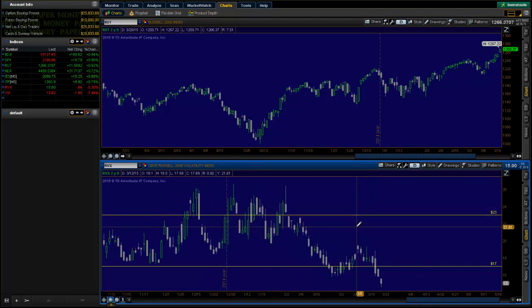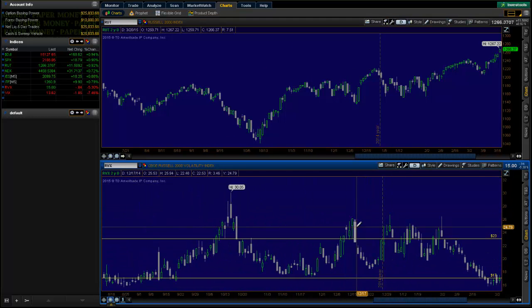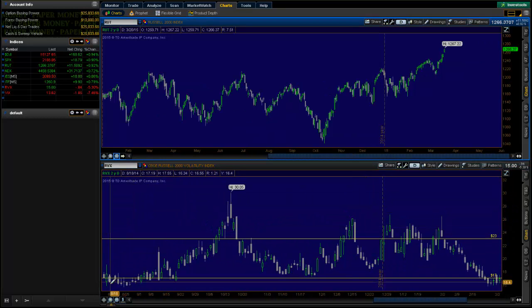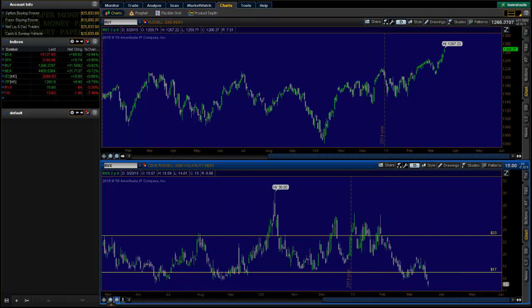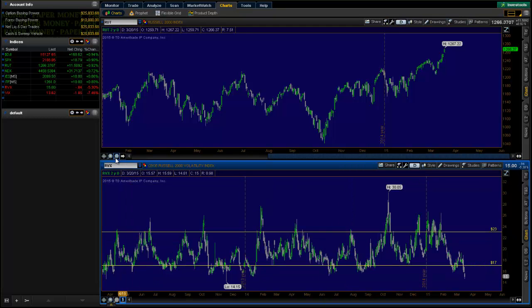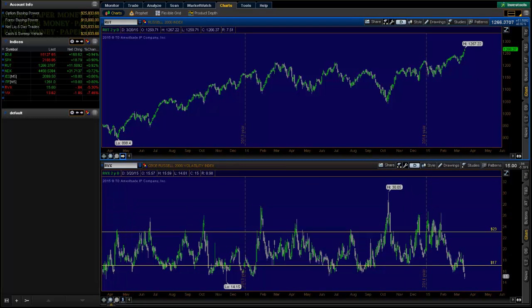So what I want to do here is I've picked a few different areas over the last year and a half or so that I want to spend a couple minutes walking through, a few different types of scenarios, to show you how the market acts to different types of positions and spreads. Specifically, I'm going to identify three different areas.